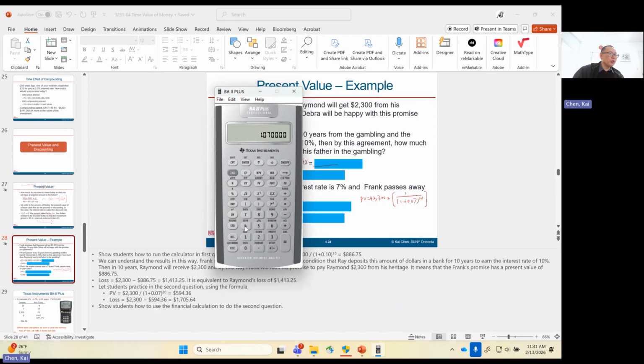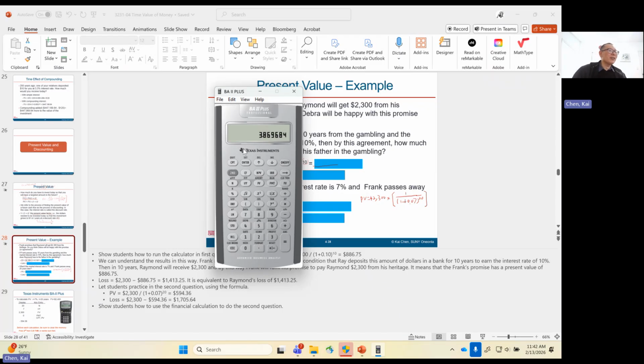What key should we use? We use this key, take the number on the screen as the base, and input the power, which is 20. This is the future value factor.